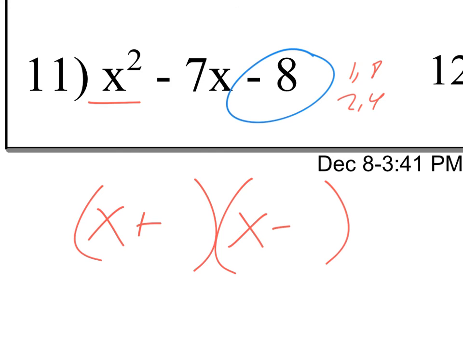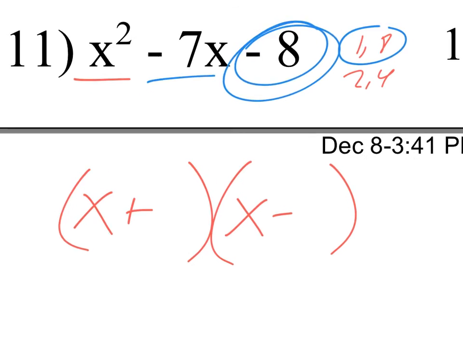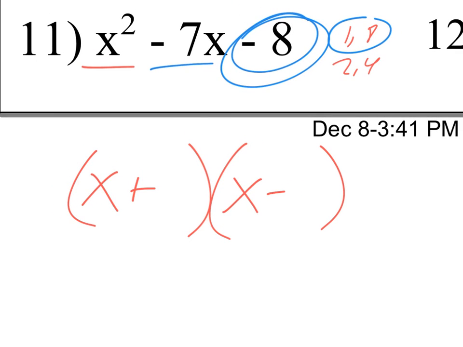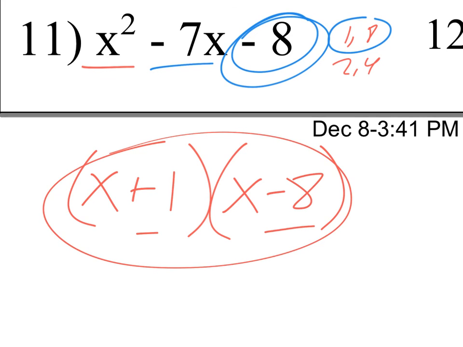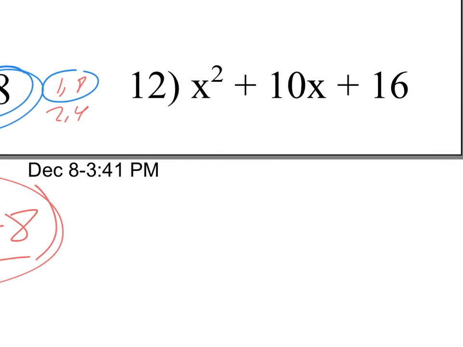And I need factors that have a difference, because again, it's subtraction, like we said. So I need factors that have a difference of negative 7. So I think 1 and 8 have a difference of 7, and then I just have to arrange them to get negative 7. Well, that means the first one has got to be x plus 1, and then it's got to be x minus 8. Because negative 8 plus 1 will give me negative 7. So that's the combination I need.